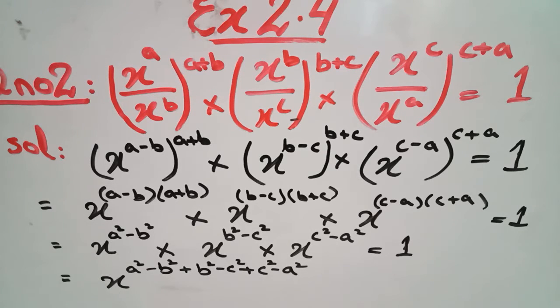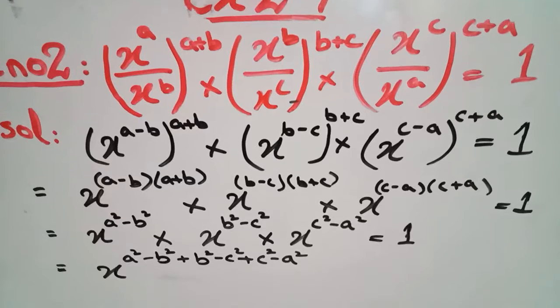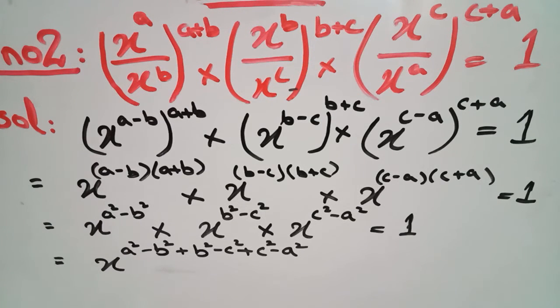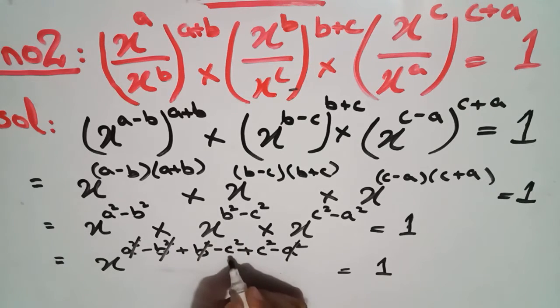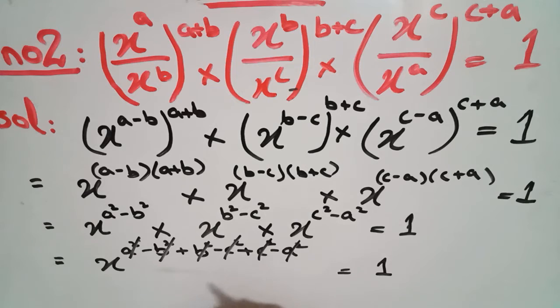As you can see, there are some similar powers which have opposite signs, like a square and minus a square, b square and minus b square, c square and minus c square. So this a square will be cut off with this one, this minus b square will be cut off with this one, and minus c square will be cut off with this one.